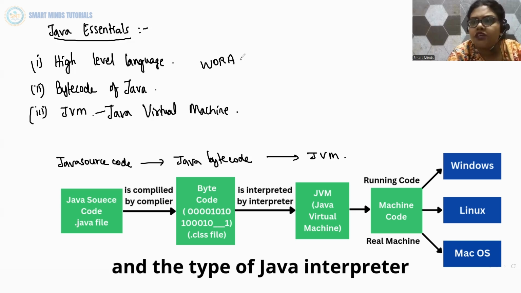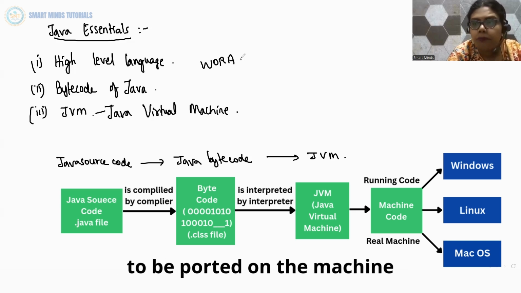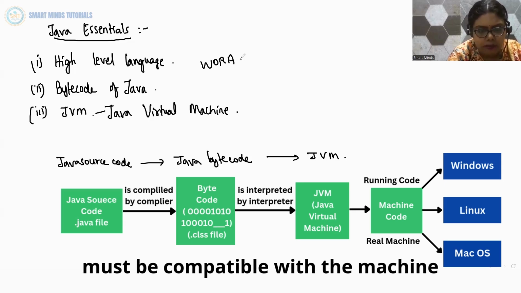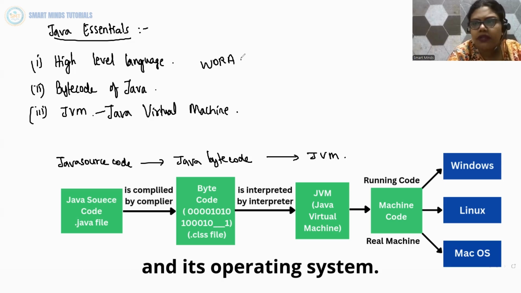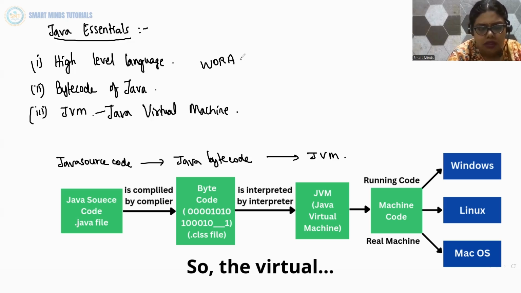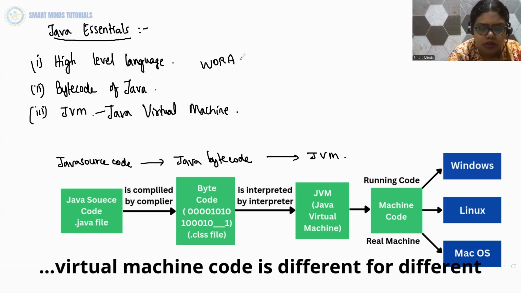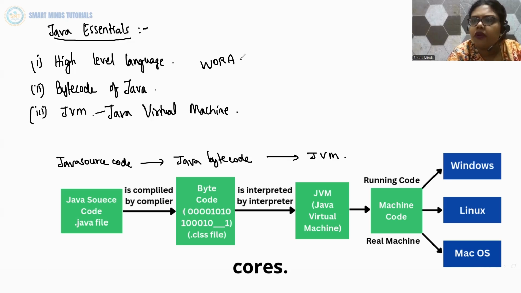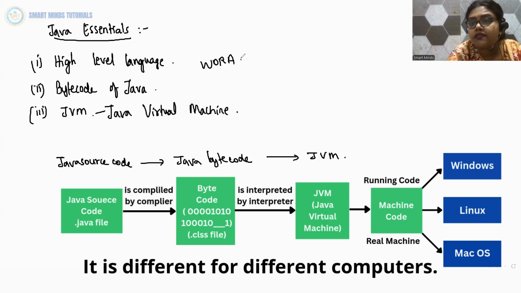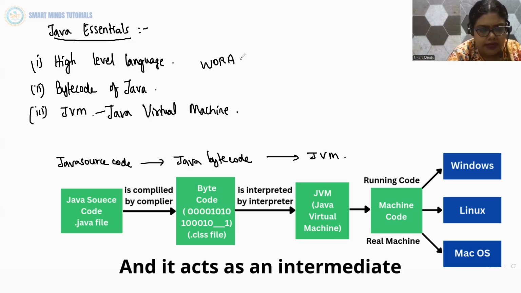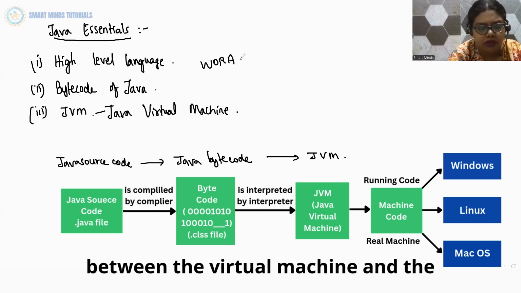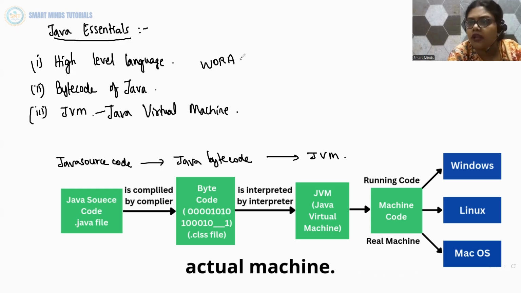And the type of Java interpreter to be ported on the machine must be compatible with the machine and its operating system. So the virtual machine code is different for different cores. It is different for different computers, and it acts as an intermediate between the virtual machine and the actual machine.